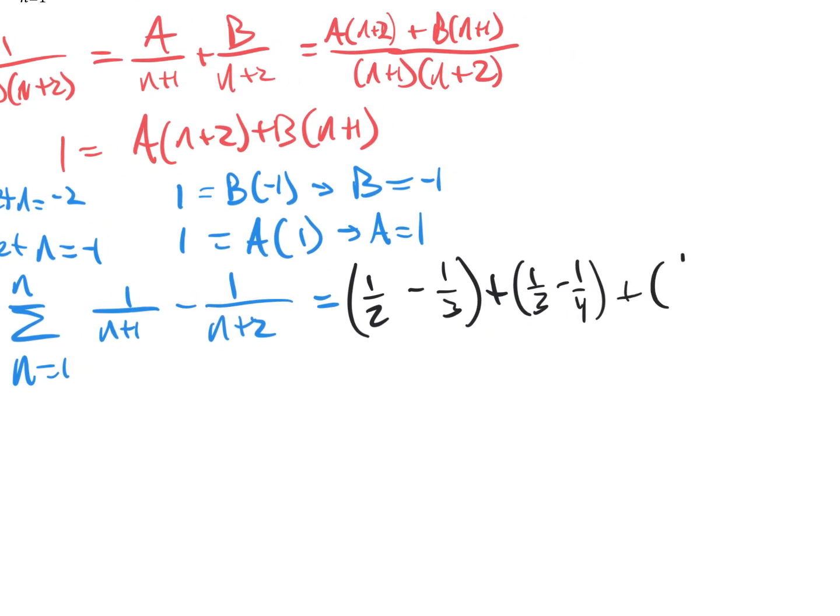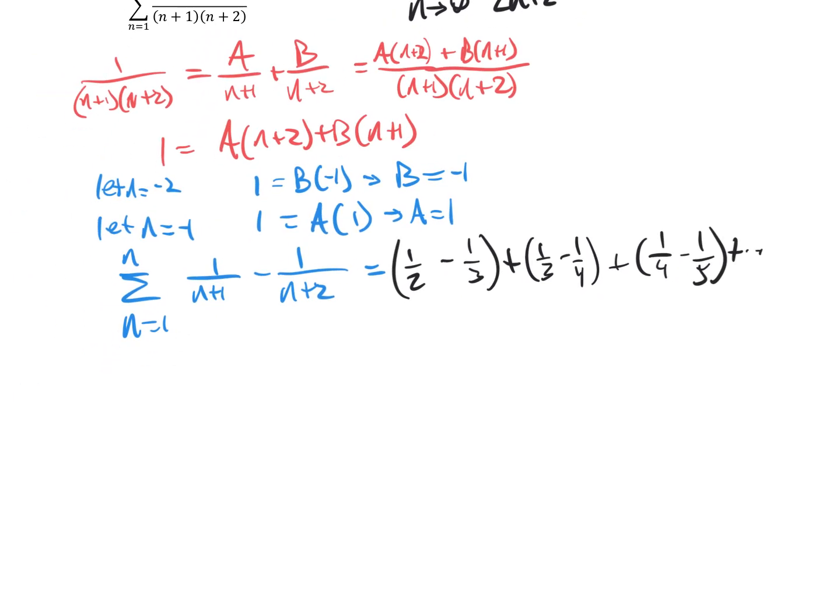Plug in 3, we have 1/4 minus 1/5, dot, dot, dot. Notice these are going to drop out. 1/3, 1/4, 1/5 will drop out, and so on and so forth. So what's left over is the first term and wherever we stopped. Then again, the limit as n goes to infinity of the last term, 1 over n plus 2, is going to 0. So this last thing disappears, and all we're left with is that the sum is 1/2.